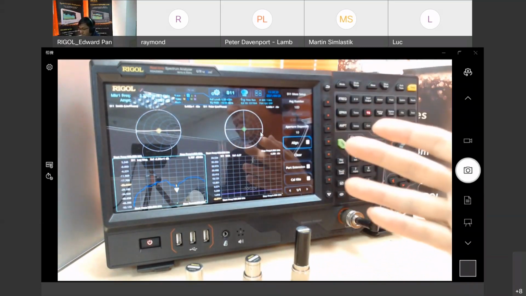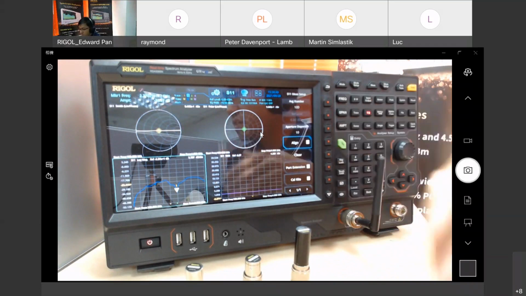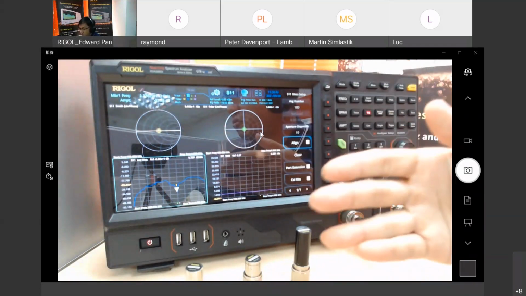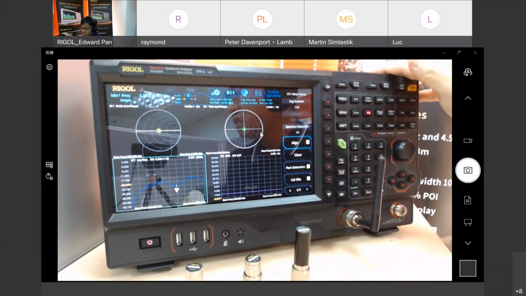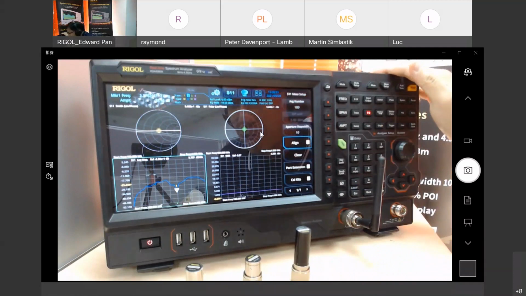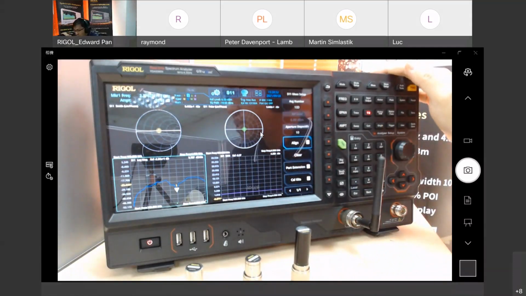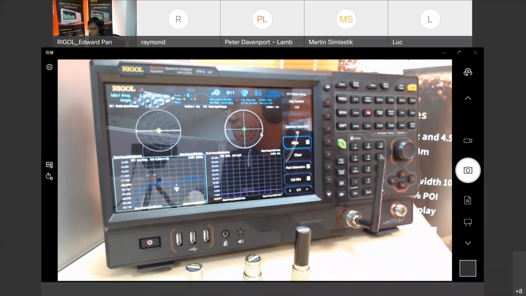Don't forget, don't misunderstand. If you want to change the frequency range, you need to recalibrate your instrument first, and you can get a more accurate result than without calibration. Yeah, so that is a simple demonstration of the network analysis.